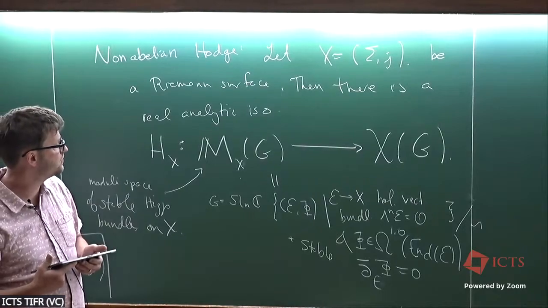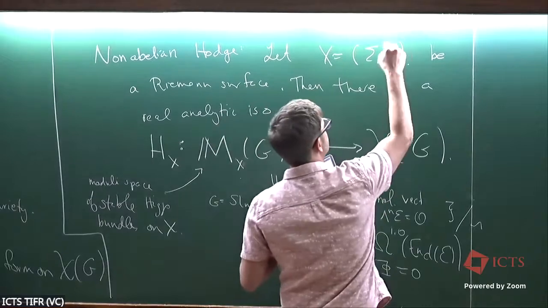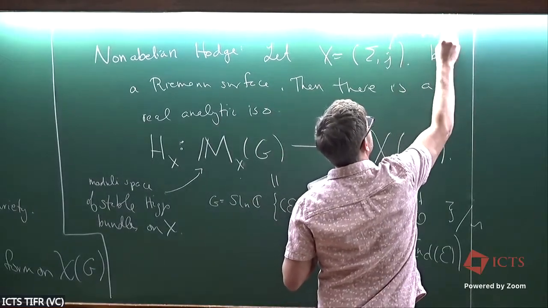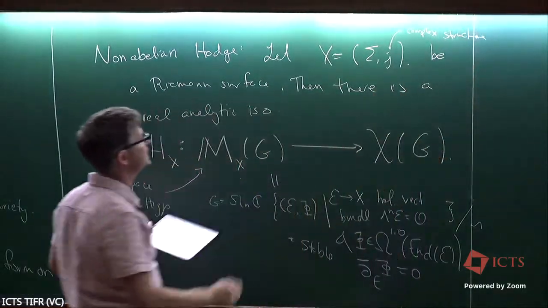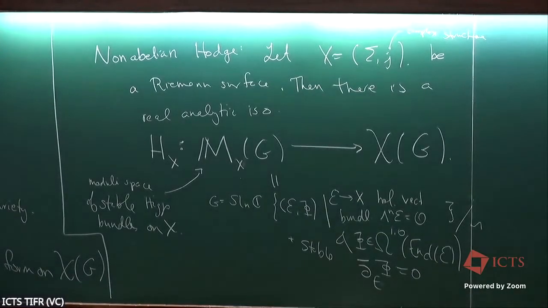Oh, this is the complex structure. Okay, maybe I'm getting ahead of myself. So X is just a Riemann surface, but its underlying topological surface is Σ. Okay, any other questions? Okay, cool. Great.